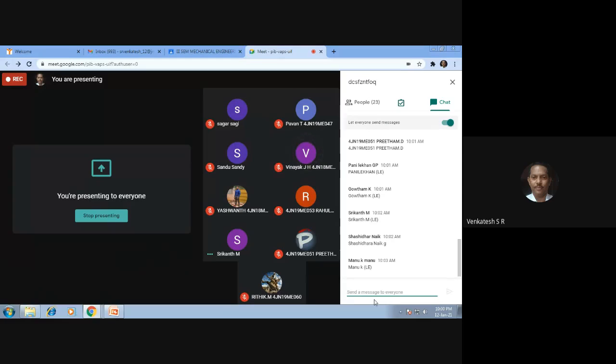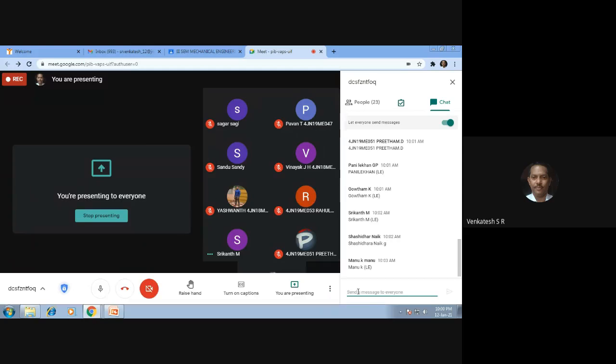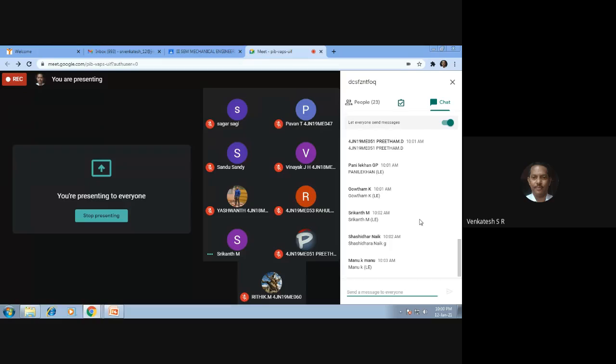Write the assignment neatly on paper, scan it, and upload it again in the Google Classroom.